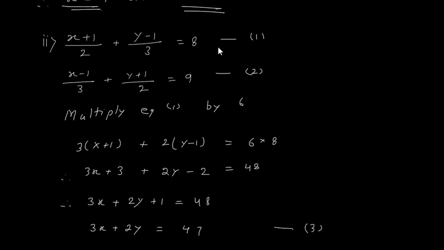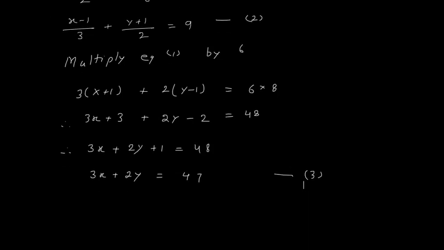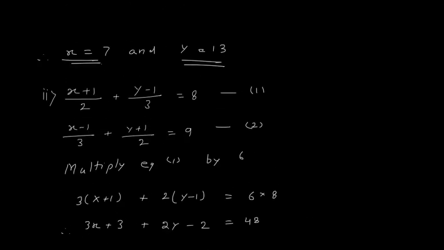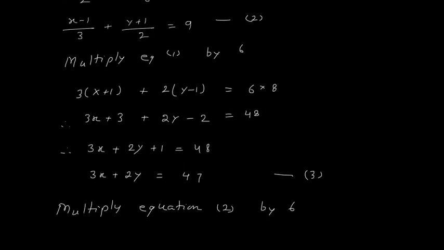In the same way, I will multiply equation 2 by 6. So equation 2 is x minus 1 divided by 3. So 3 2s are 6, so it will become 2 into x minus 1 plus 3 into y plus 1 is equal to 6 into 9.